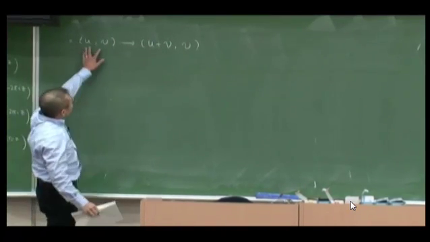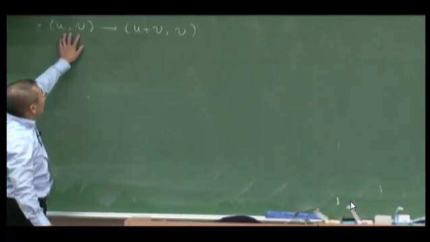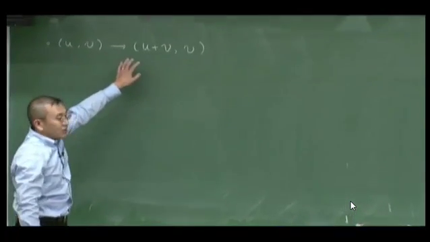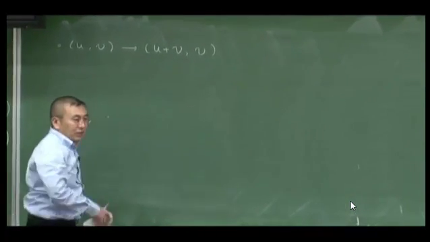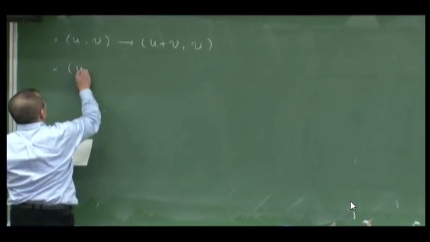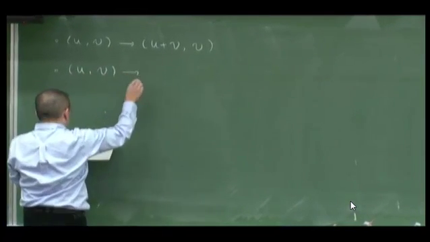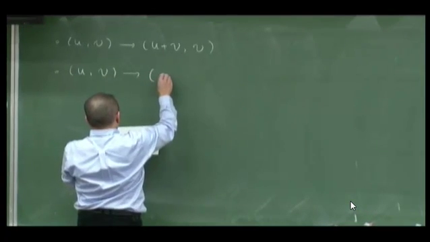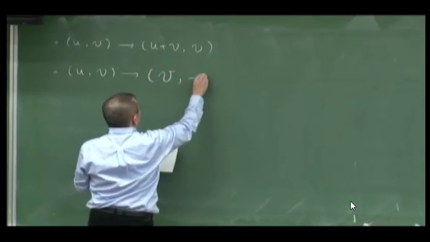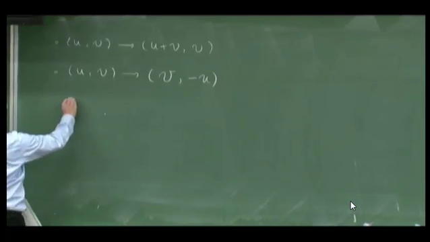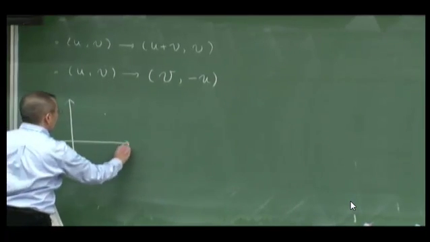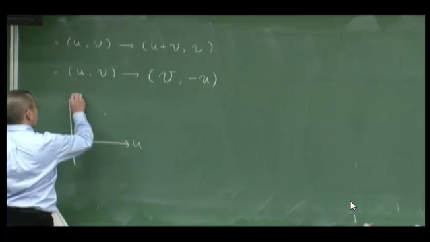That transformation turned the square lattice into the square lattice. There is another transformation we can consider, which is to exchange u and v, but for some convenience, exchange with a sign, so v minus u. This obviously also maps the square lattice into the square lattice.